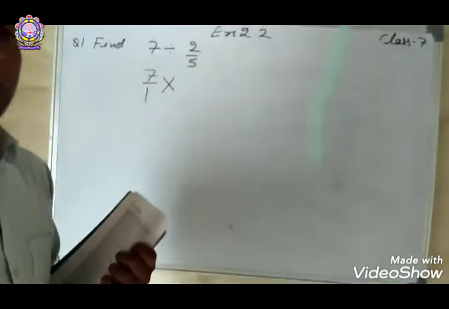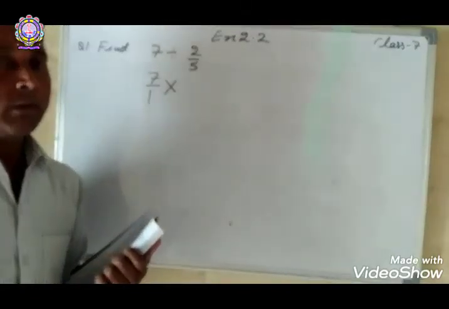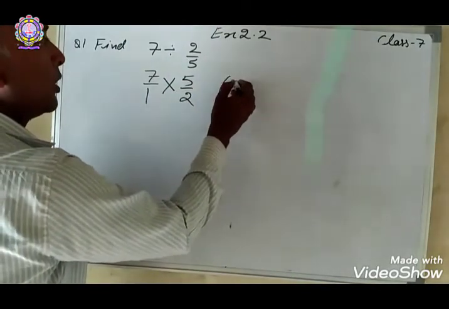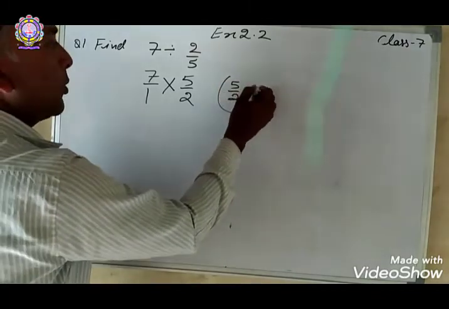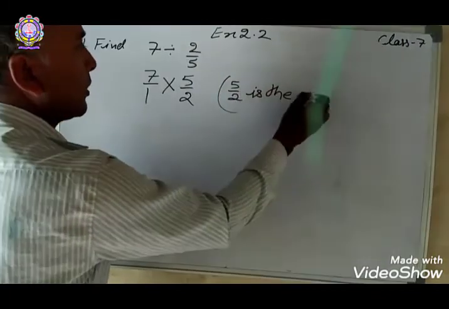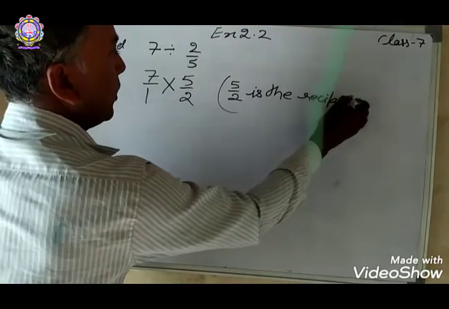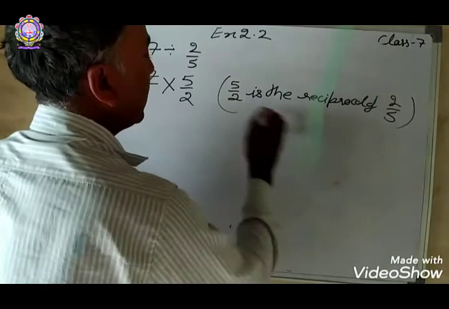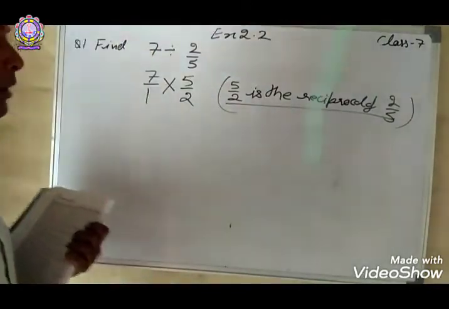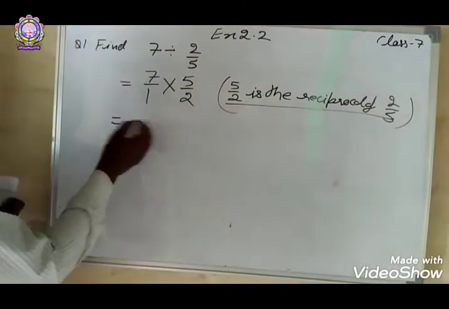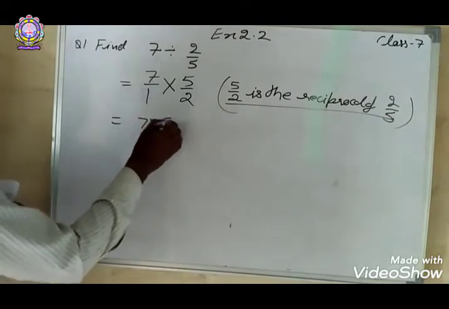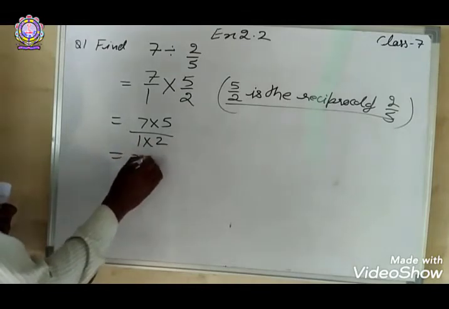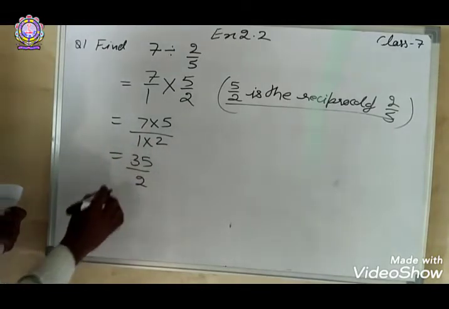And then the reciprocal of 2 upon 5 is 5 upon 2. 5 upon 2 is the reciprocal of 2 upon 5. This is necessary to write here. And then multiply them: 7 into 5 upon 1 into 2. So you get 7 fives are 35 upon 2.